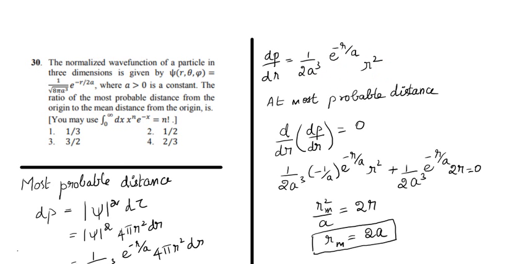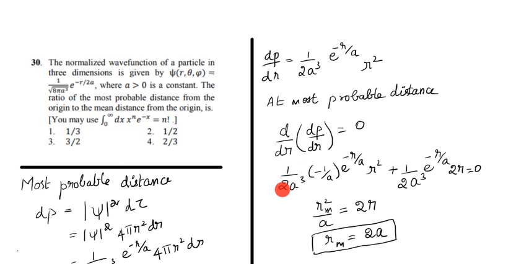To find the most probable distance from the origin, we have to differentiate the probability density with respect to the distance r and equate it to 0, because for the most probable distance the slope will be 0.